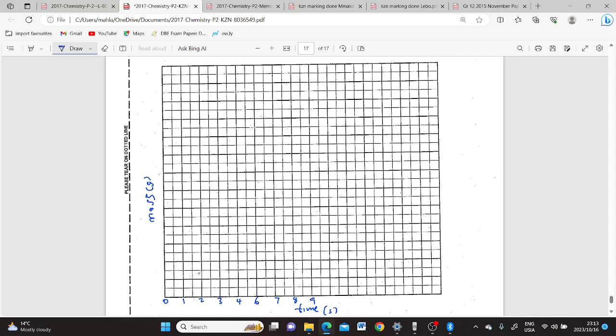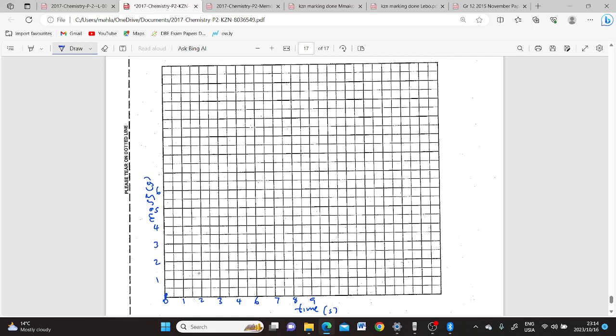So we're going to end up here. And on the other side, we can also have 1, 2, 3, 4, 5, 6 for the mass. So the mass was up to 5.9. So let's plot at 0 and 0.